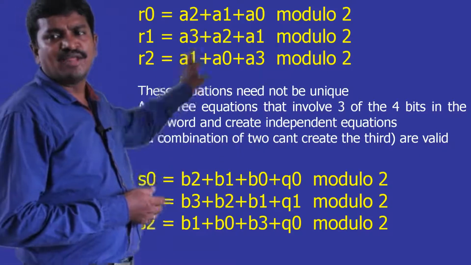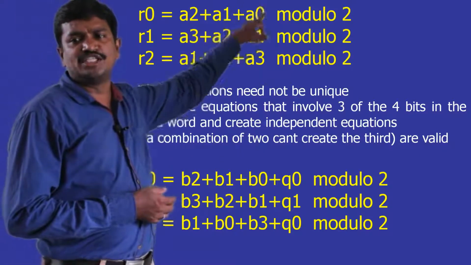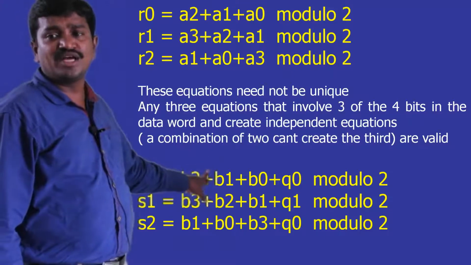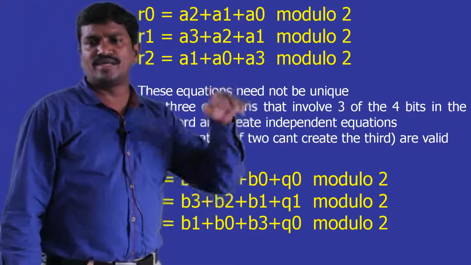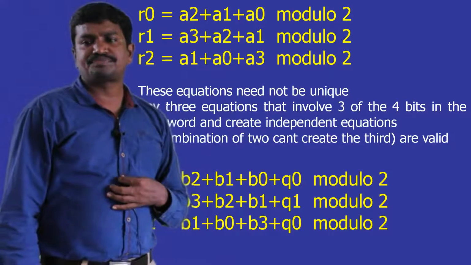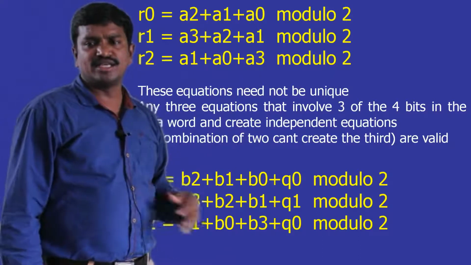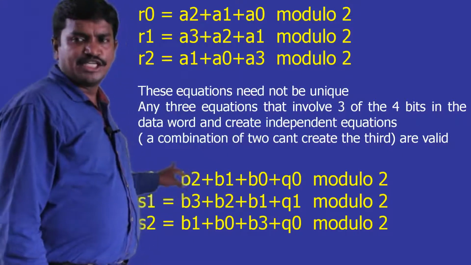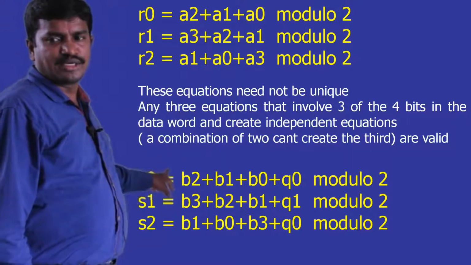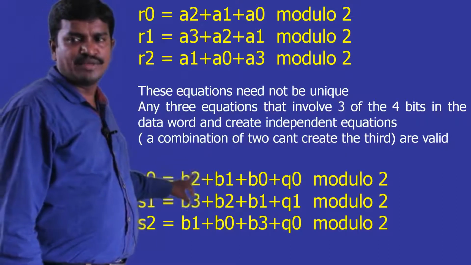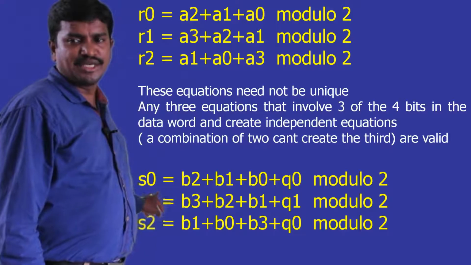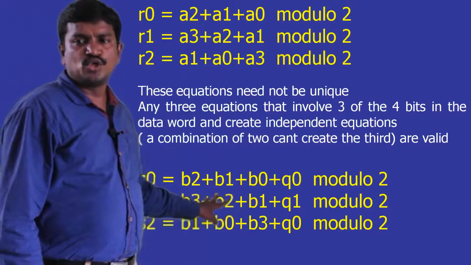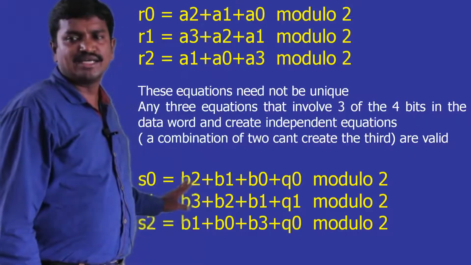If you observe, R0 is a combination of A2, A1, A0, and the S0 syndrome value is a combination of B2, B1, B0 along with the redundant bit that was sent, that is Q0 here. So S0 has one equation, S1 has another equation, and S2 has one more equation. These equations are used at the receiver side to calculate the syndrome.